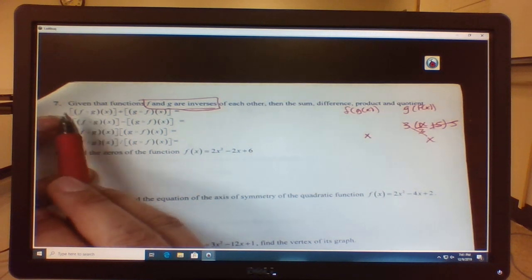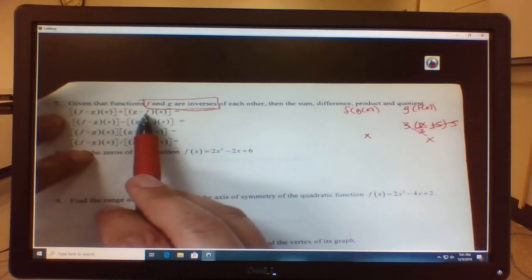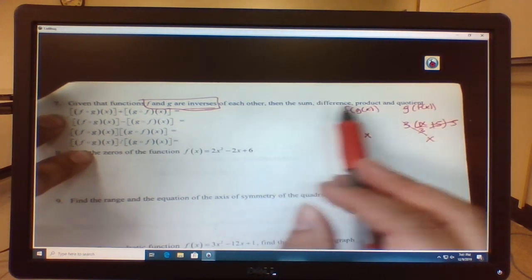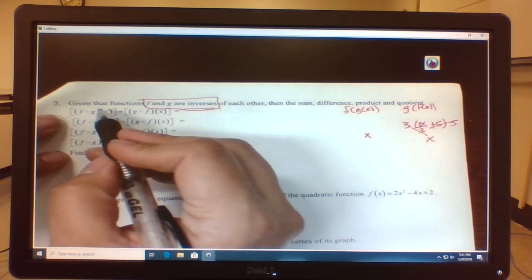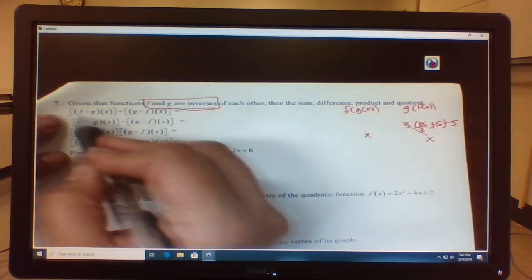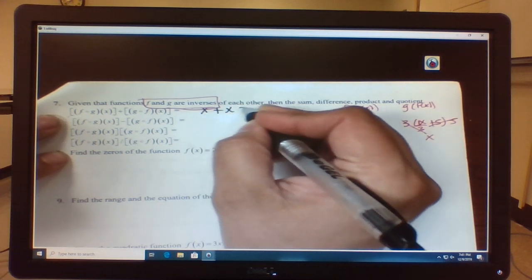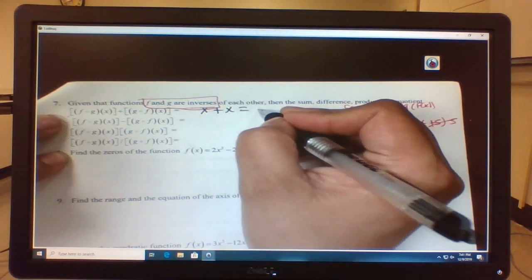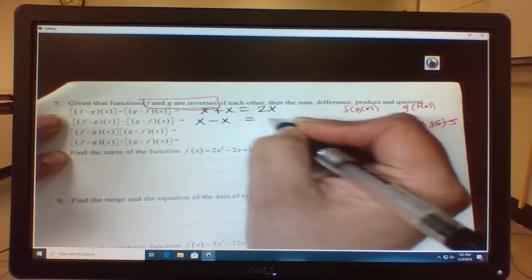Now here it says, given that they are inverses, so meaning that this is X and this is X, what is the sum, difference, and product and the quotient? They're telling you this is an inverse, so this is X plus X. What's X plus X? 2. What's X minus X?